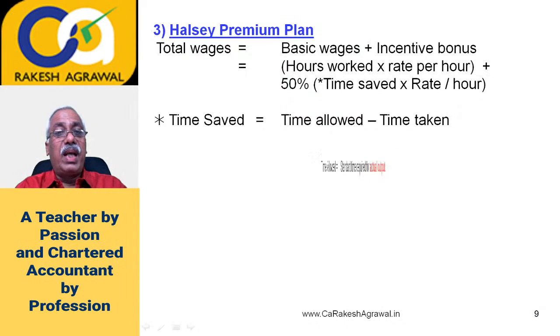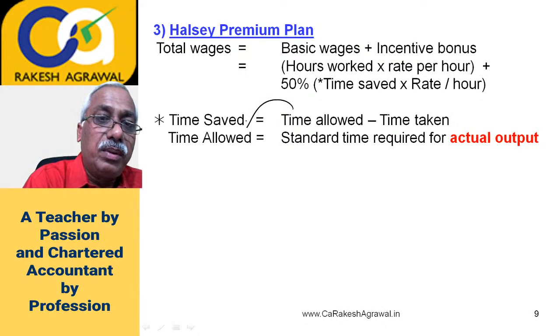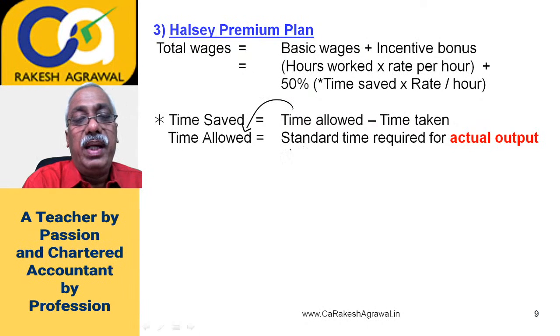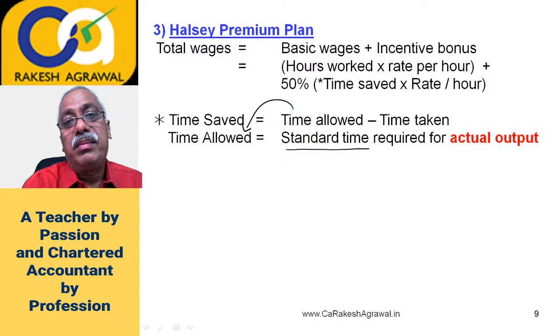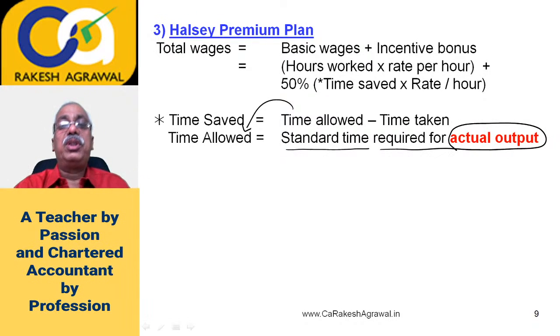Now how to calculate time allowed? That is an important point. This time allowed is calculated as standard time required for actual output. Don't forget this. Actual output is important. This is an accident spot. You have to always calculate the standard time required for actual output.